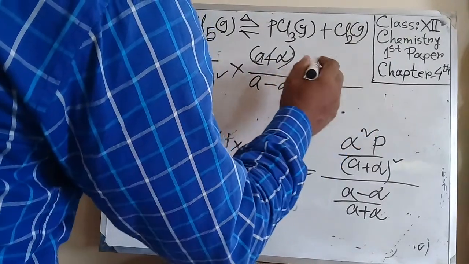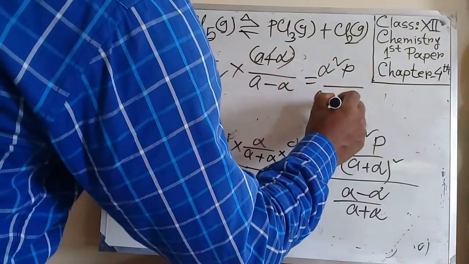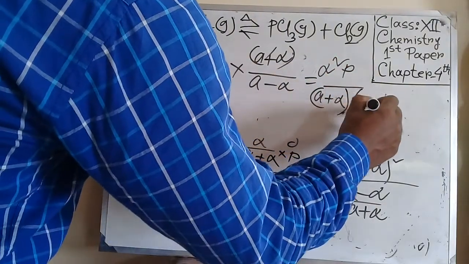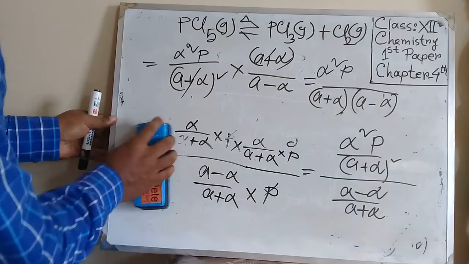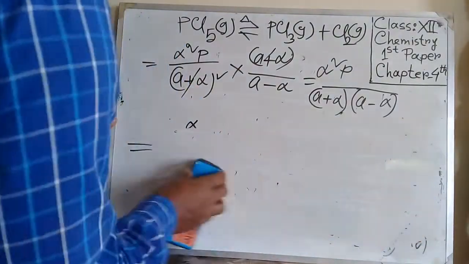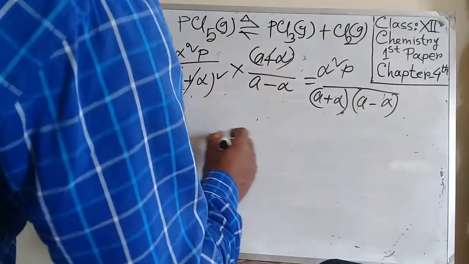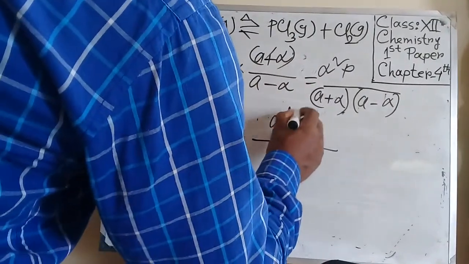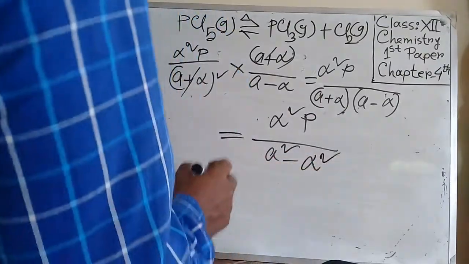So I can write alpha squared P over A plus alpha and A minus alpha. So finally we have alpha squared P over A squared minus alpha squared.